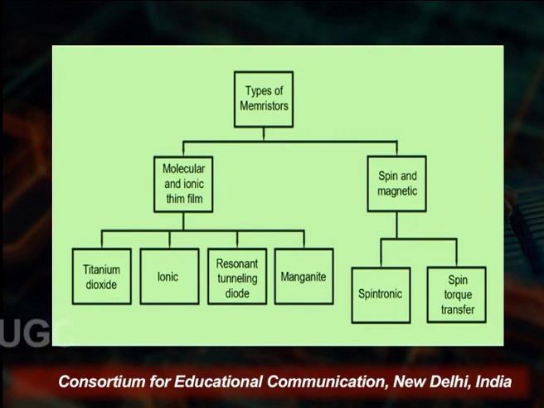Further, these are divided again into many parts, like titanium dioxide, ionic, and tunneling diode, which are the different types of molecular and ionic thin film memristors. Now, in the spin category we have the spintronic and the spin torque transfer types of memristors.